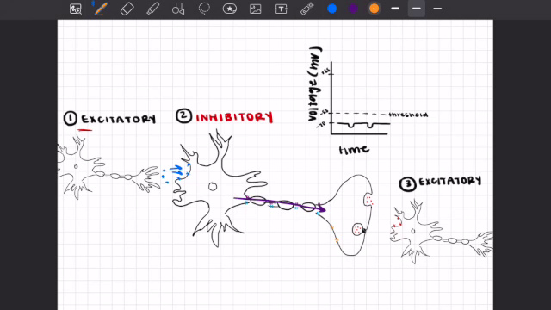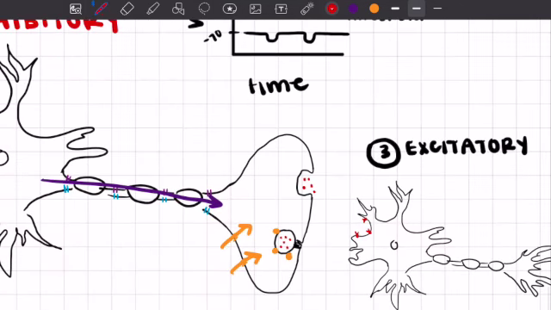But the difference is when the calcium ions enter cell number 2 and bind to the vesicles, causing them to bind to the membrane, the neurotransmitter that is released is an inhibitory neurotransmitter known as GABA.